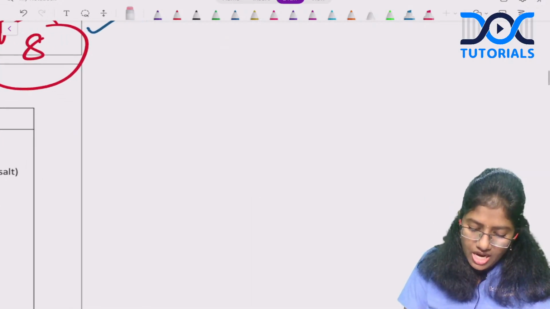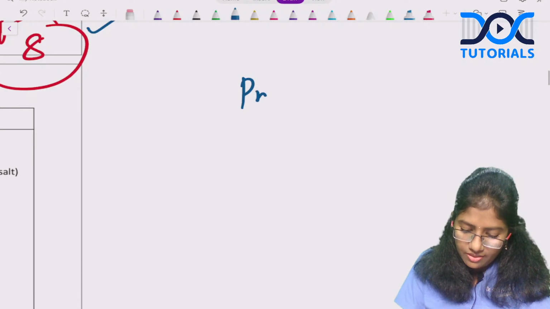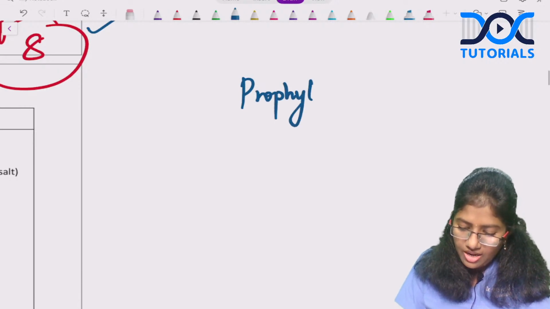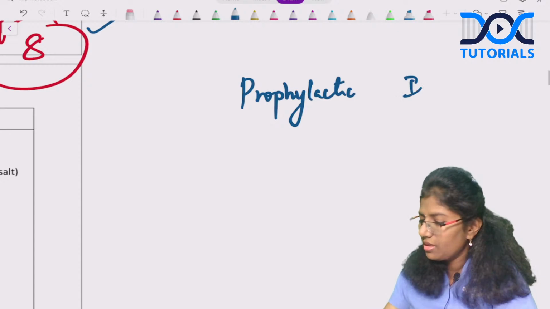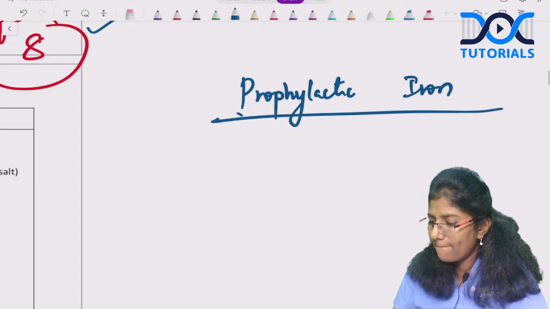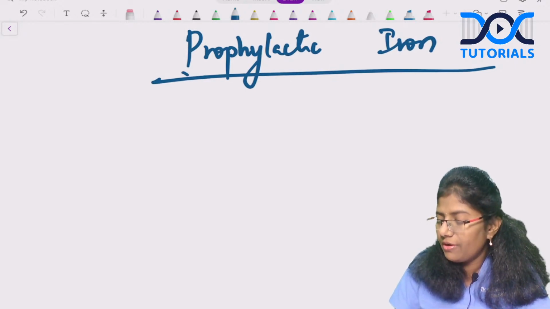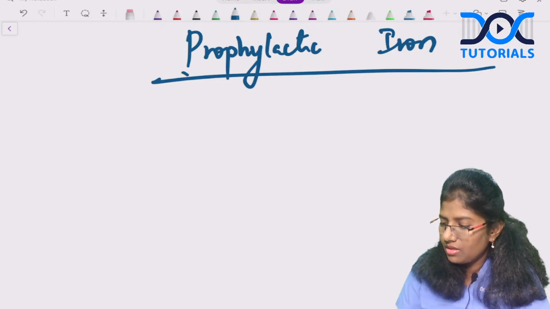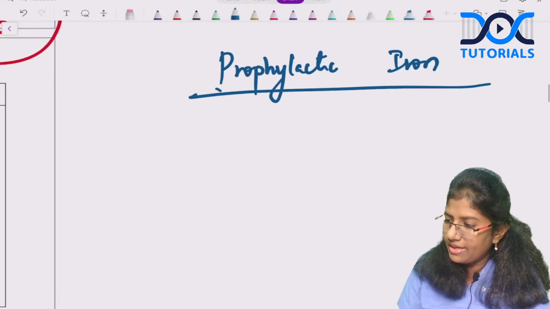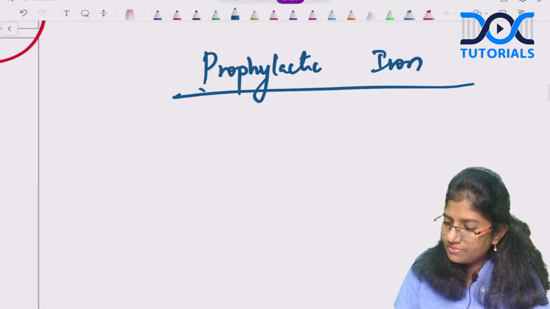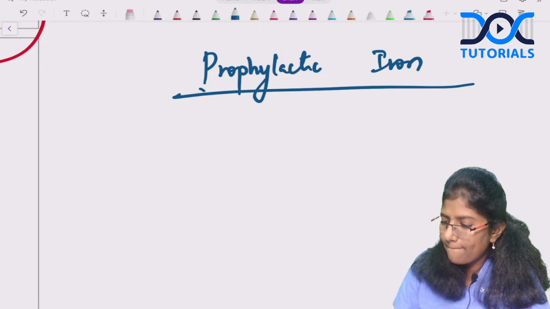How much prophylactic iron should be given to a normal pregnant woman to prevent dilutional anemia during pregnancy? What is the dose of prophylactic iron? Yes, 60 milligram. Elemental iron, 60.